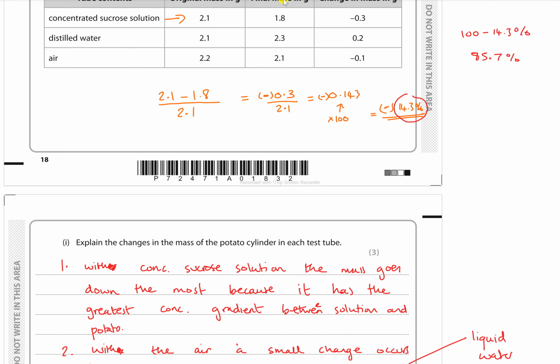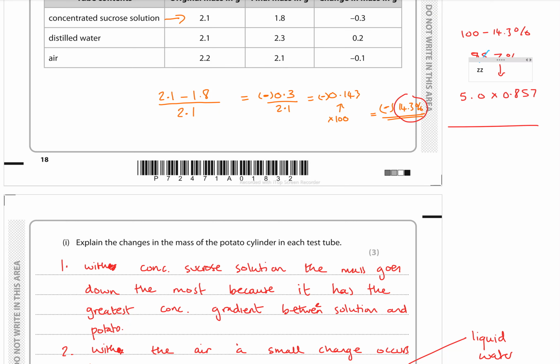I'll need the calculator. 5.0 times, as a decimal, 0.857. I'm going to do it both ways. It would help if I could do simple calculations. 14.3%.